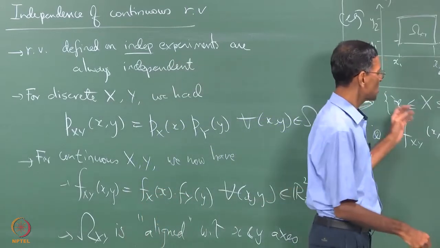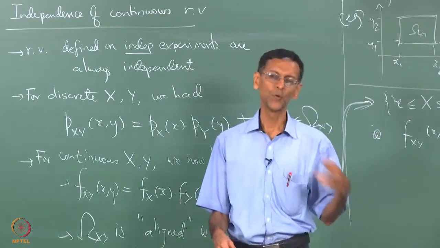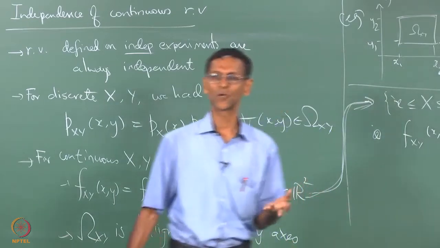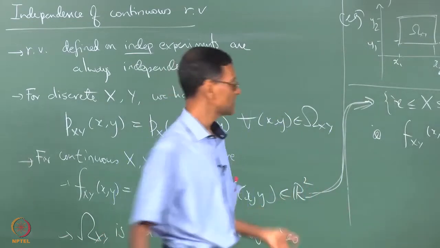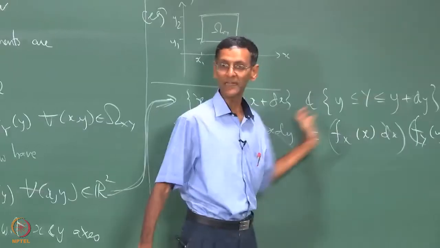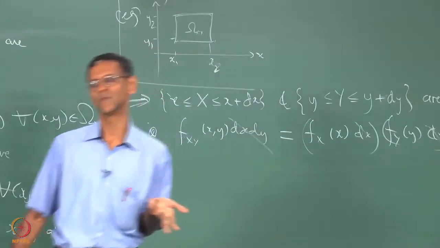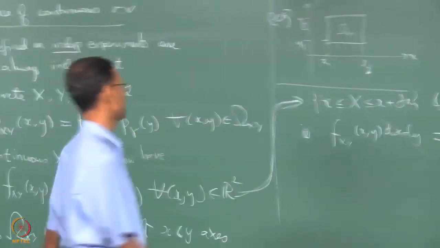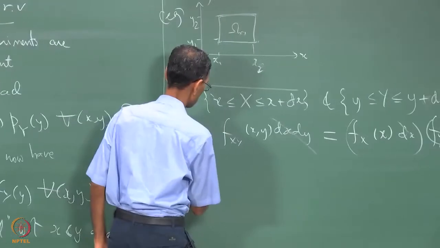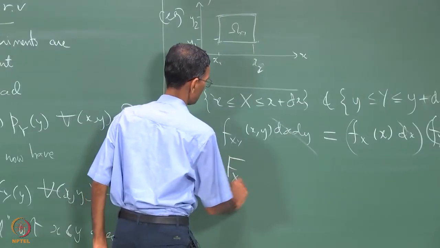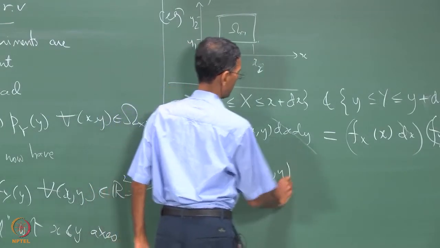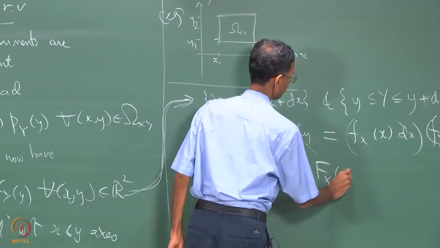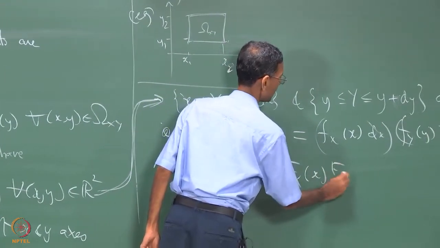In particular, you also have the classic textbook definition of independence, that is, CDFs are also factorizable. So this is the factorization of the joint PDF. The joint CDF will also be equally well factorizable into the product of the marginal CDFs, the individual CDFs. Why do I get this?